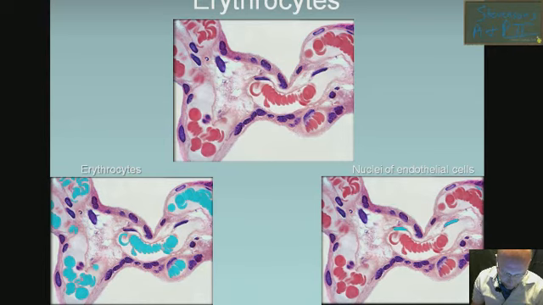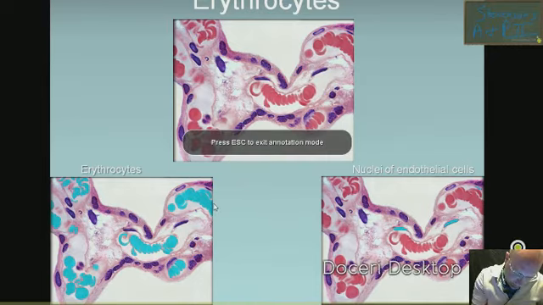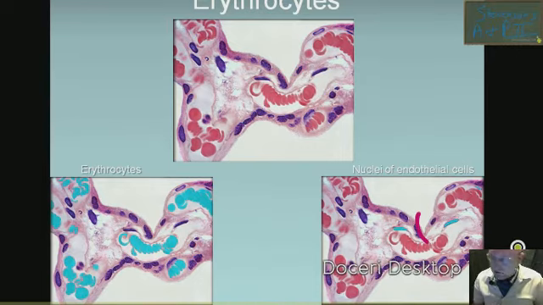Okay, it must pass between these cells in the capillaries in order to make it out to the tissues. So they have to be able to change shape, as mentioned before, in order for that cell to leave those capillary beds and then go to the tissues.